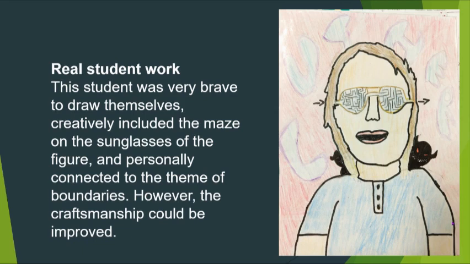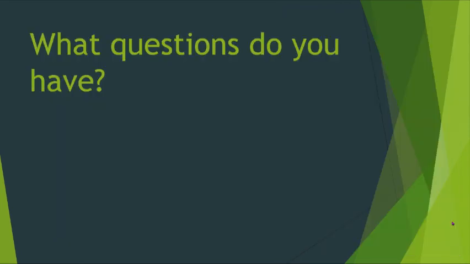It's very creative. And they had a great personal connection to the theme of boundaries that they were thinking about in their artwork. Yes, their craftsmanship could be improved if we look at their coloring. But overall, I think this is a really interesting way to meet the assignment requirements.